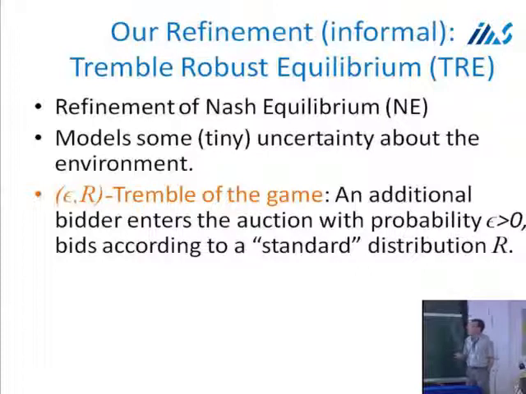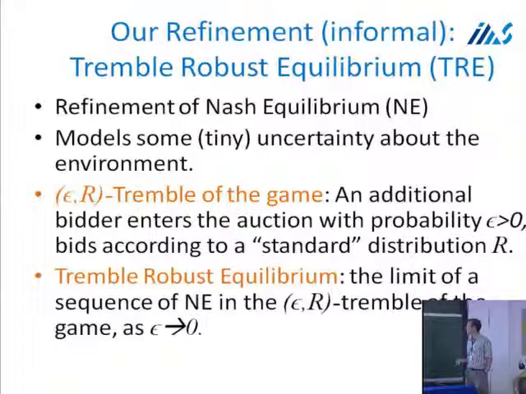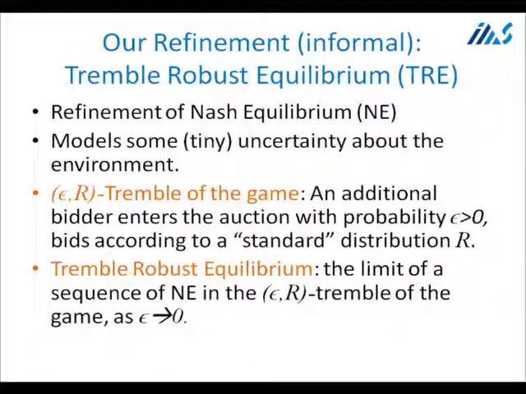We call this new game an epsilon-R tremble of the game, in which this additional bidder enters with probability epsilon and bids with distribution R, and think about R as the uniform distribution between L and H. The equilibrium notion, which we call tremble robust equilibrium, is, loosely speaking, the limit of this sequence of Nash equilibria when we take epsilon to 0.